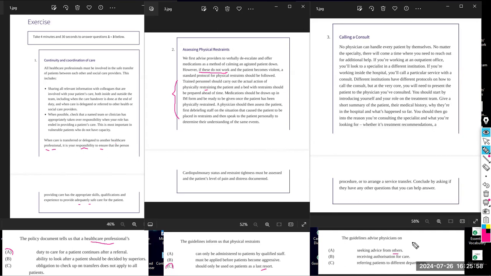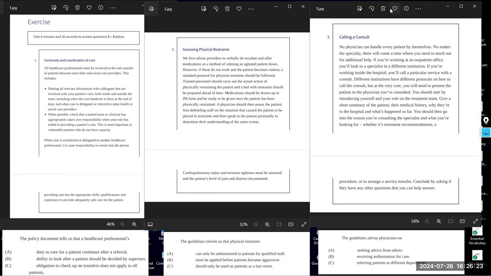Because in the first sentence they said there will come a time where you need to reach out for additional help. It's not wrong to ask for help. Exactly. This is it. Thank you so much. You did it. This is exactly checking the details, the main details in the passages. All the answers are really correct.